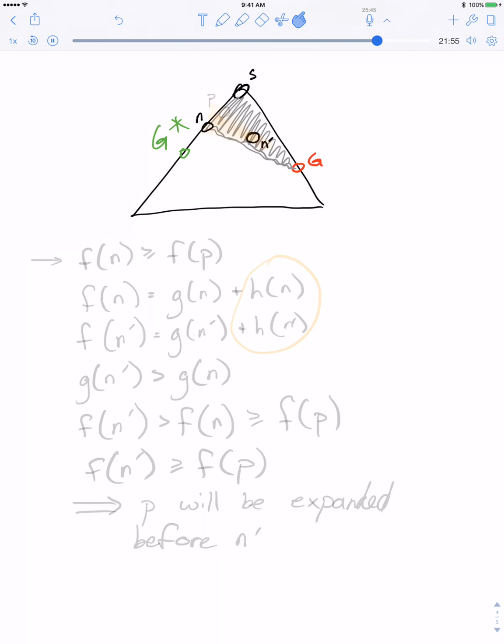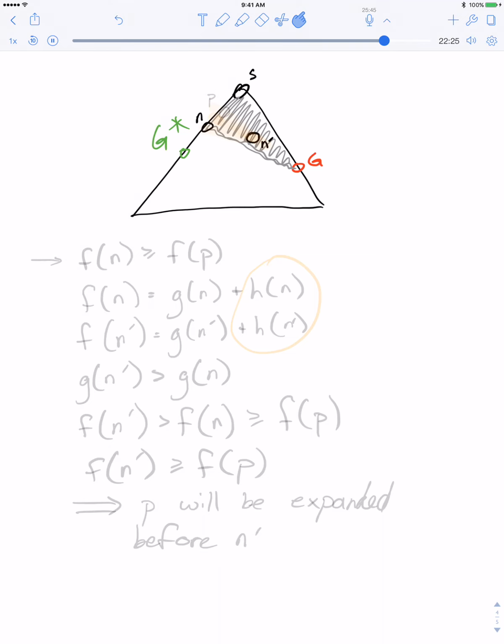So farther down, higher cost to get to it, but it's the same state, and we expanded n prime first. If that's the case, then even though we've guaranteed that we'll expand n before G, since the state in n is already in the closed set, since we already expanded n prime, we won't continue searching. It's a disaster. We failed to search, or at least failed to find an optimal solution.